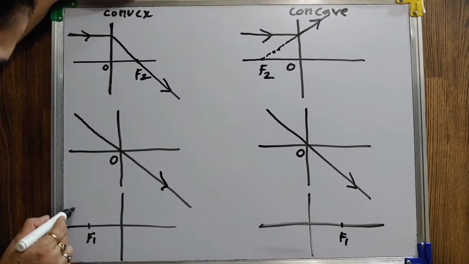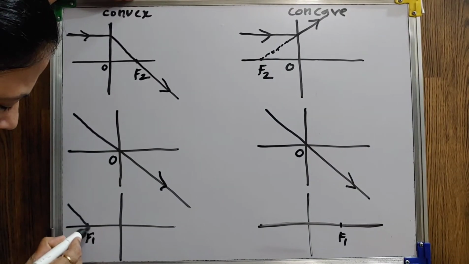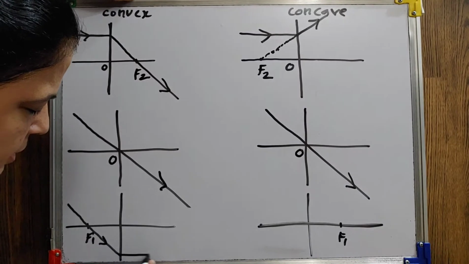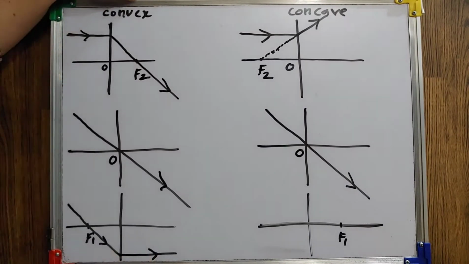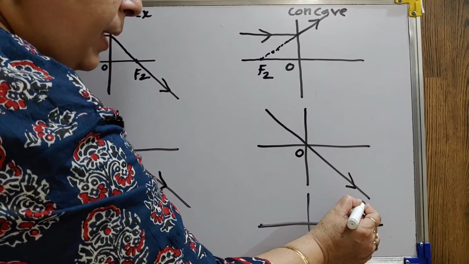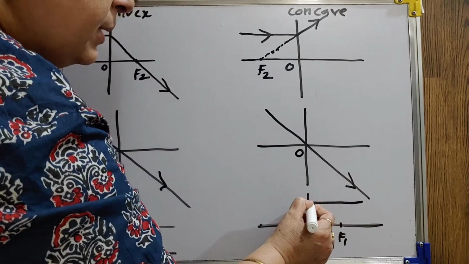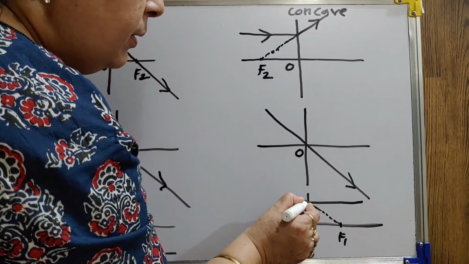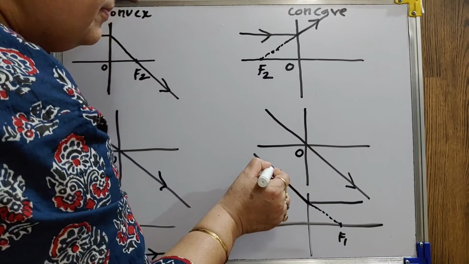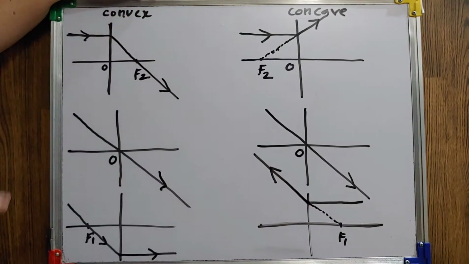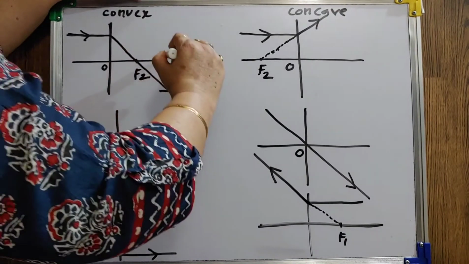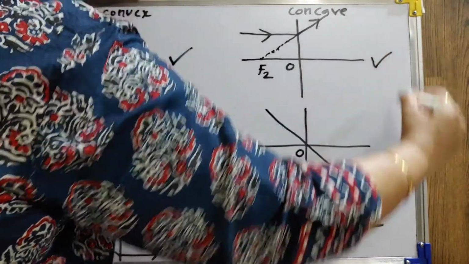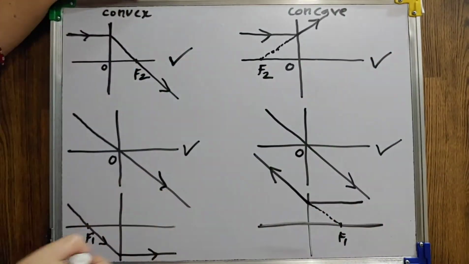In the third one, the ray passing through f1 after refraction is parallel to the principal axis. This is the basic concept for drawing the ray diagram. But generally we consider these two rules for drawing the ray diagrams.